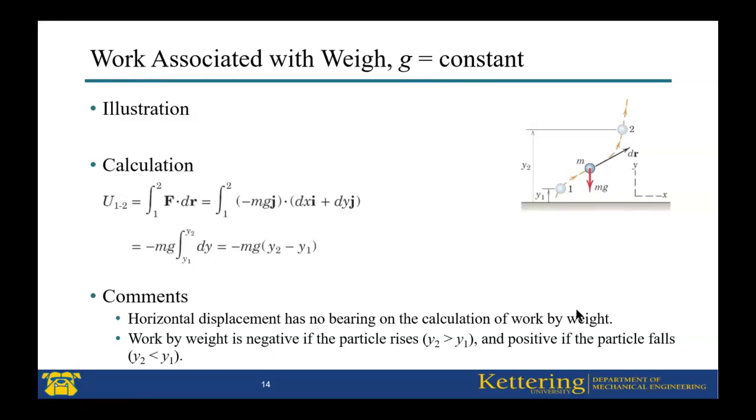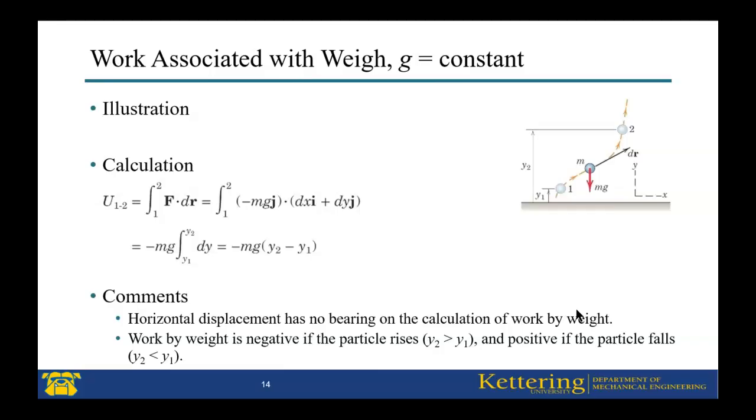Now, the next work is the work that is done by a weight. And how can we find this work? Consider the work of the weight on a particle moving along a curved path, from state 1 to state 3. We can find the work of the weight with this equation.